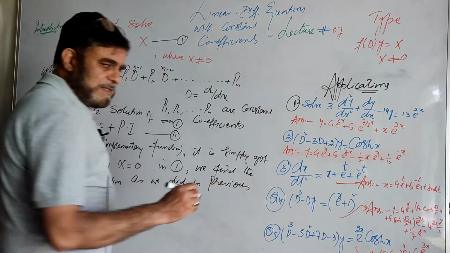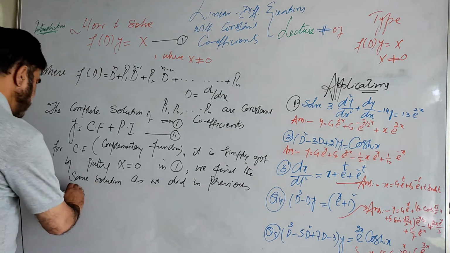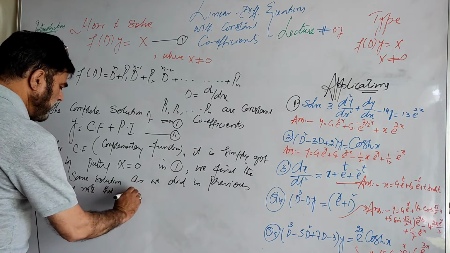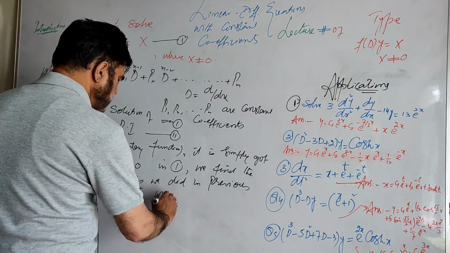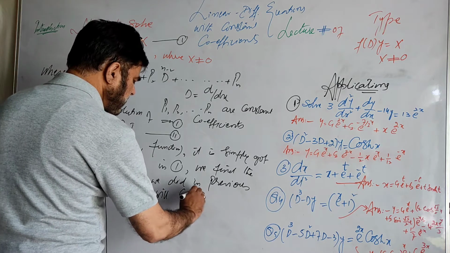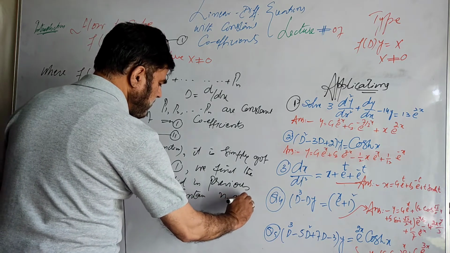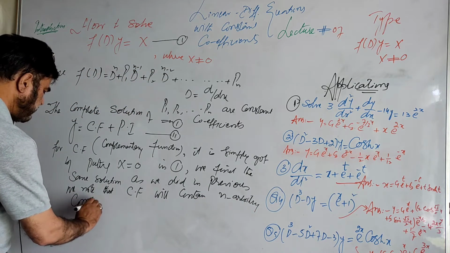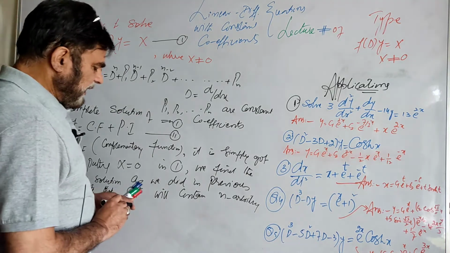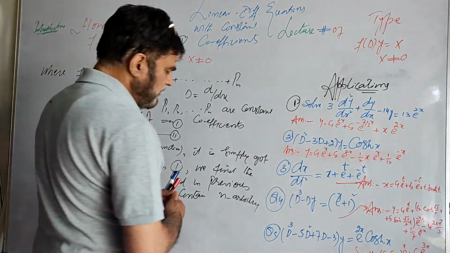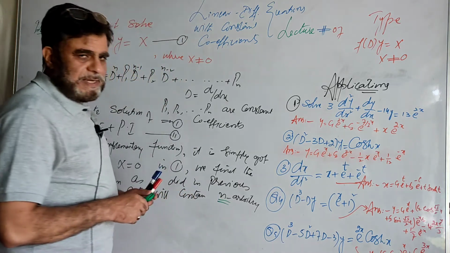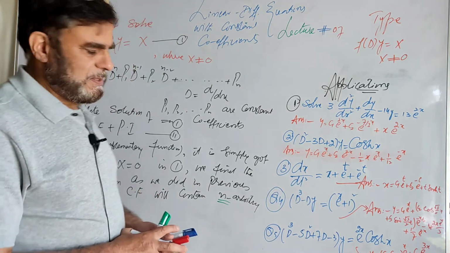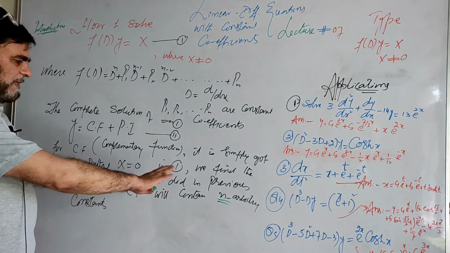We note that the complementary function will contain n arbitrary constants, where n depends upon the order of the differential equation. If the order is n, it will involve n arbitrary constants. If the order is 2, it will involve 2 arbitrary constants. This is how you find the complementary function.